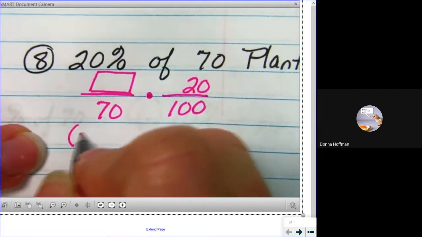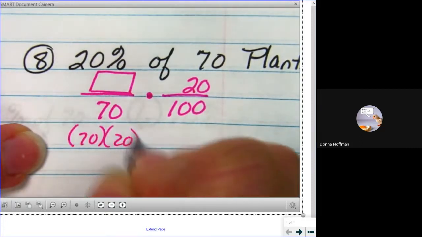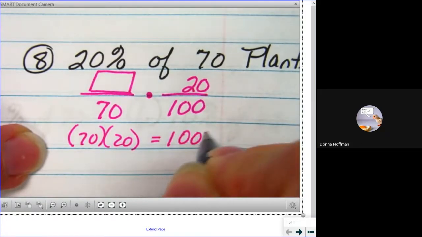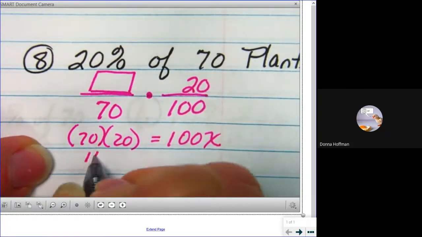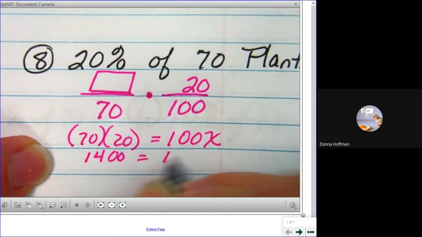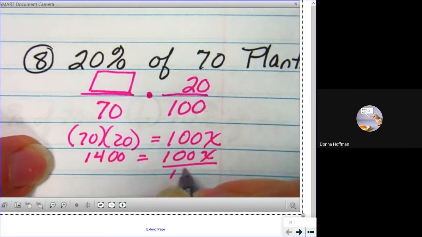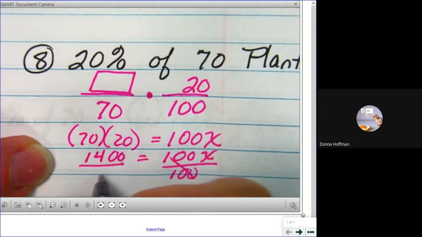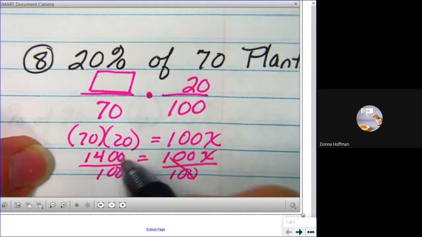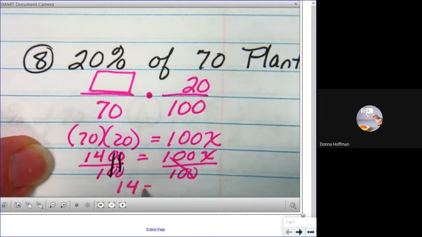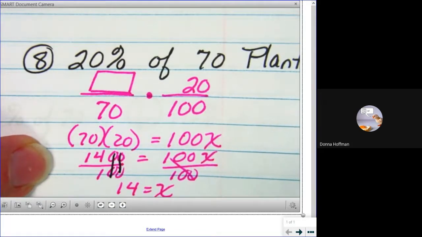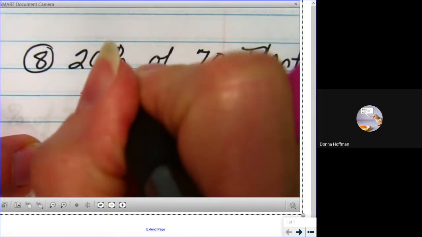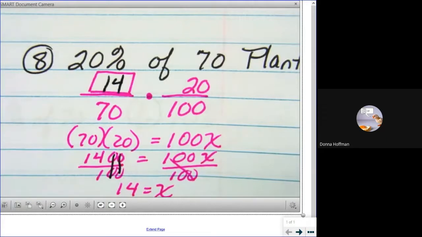Cross multiply. Y'all get 14? Getting better at it, Roy?